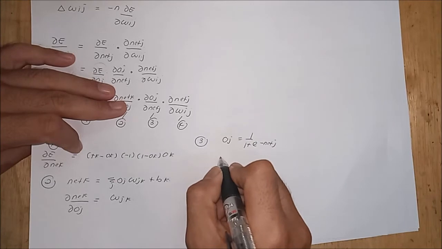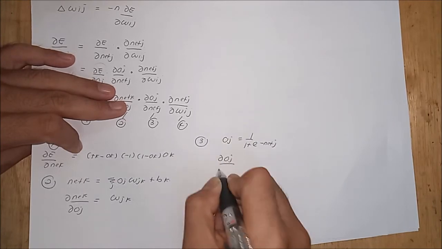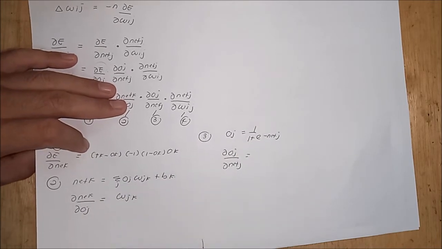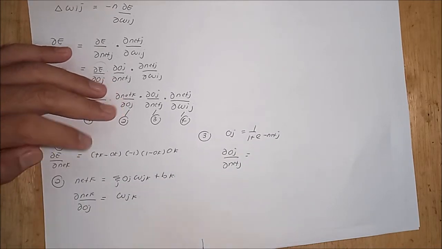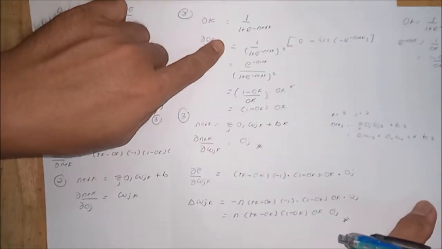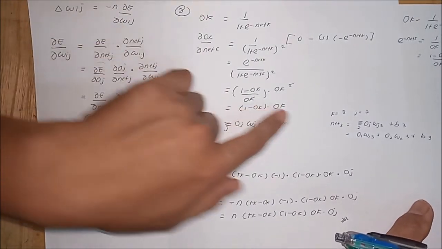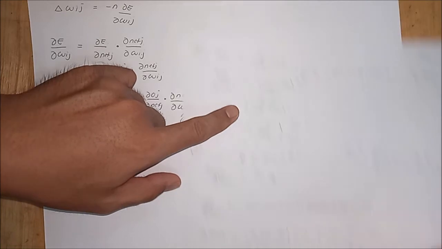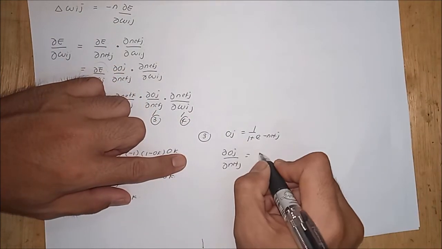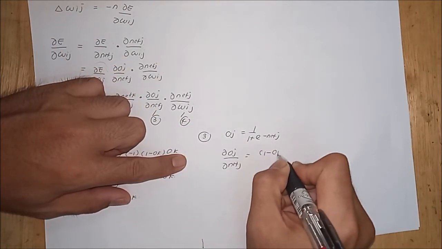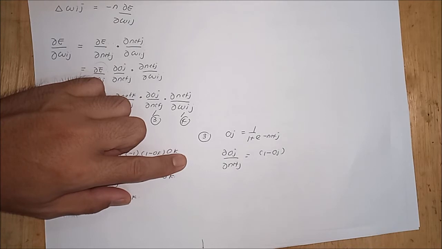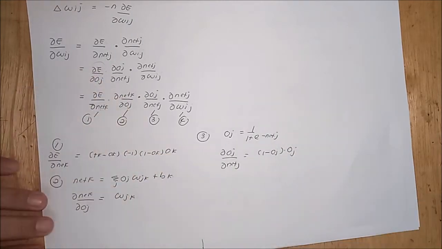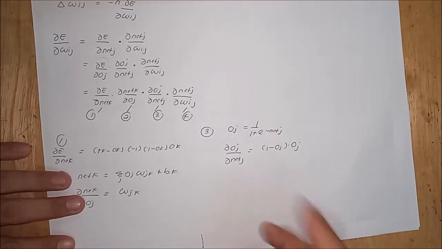So doj over d net j will be almost the same derivation that we have done previously, if you still remember. You just need to change the symbol here. So it will become oj times 1 minus oj. So we are settled in terms of the third part.